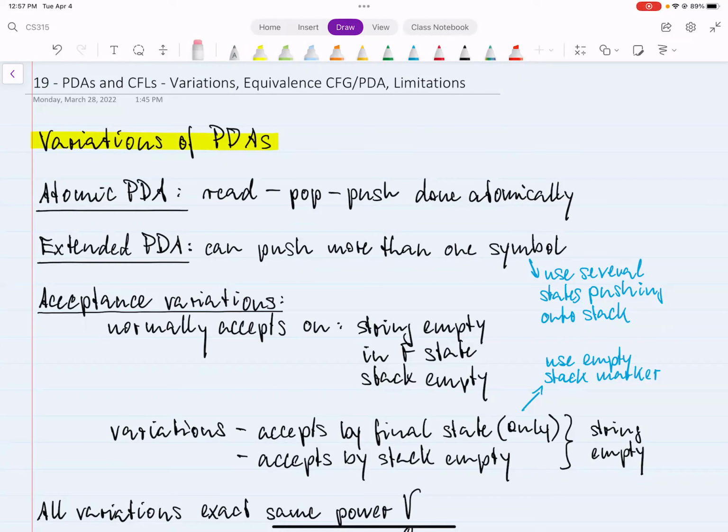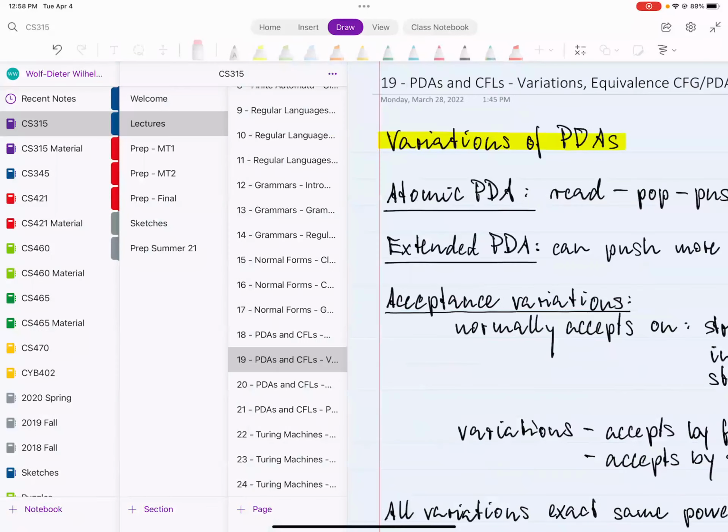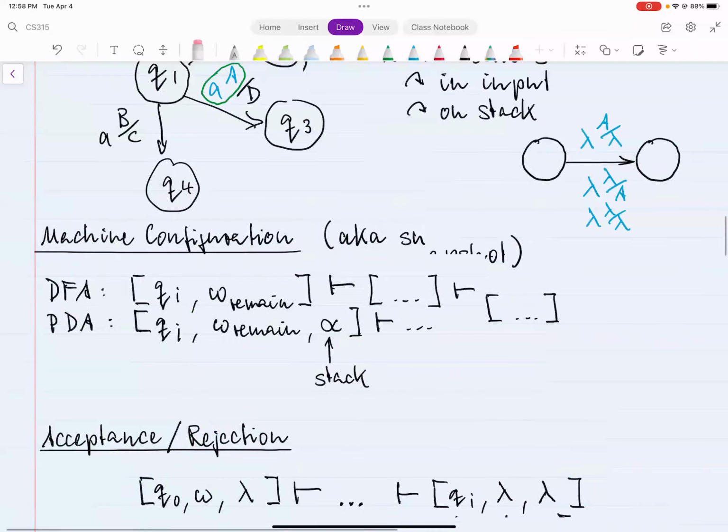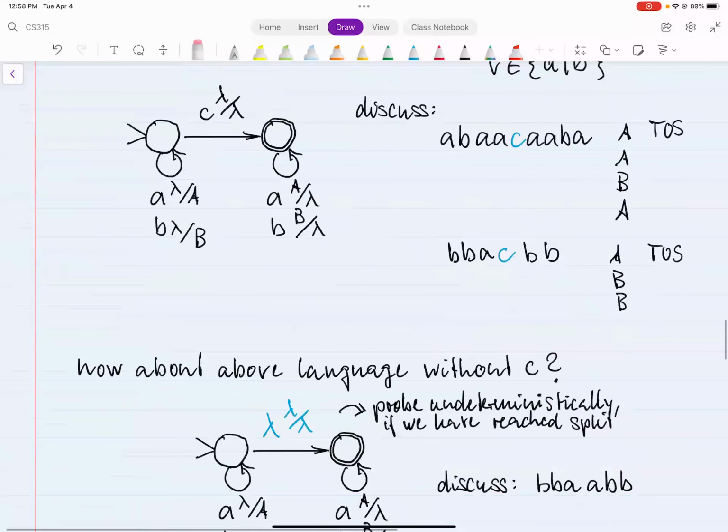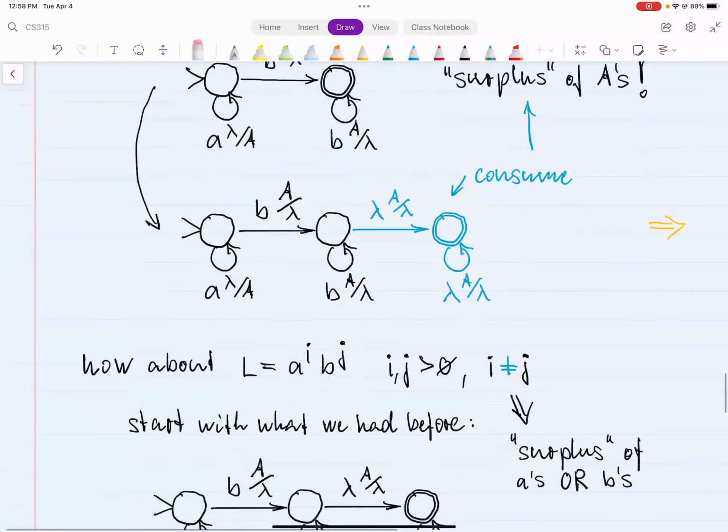So, all righty. What is of a little bit more interest is the extended PDA. Have we already used an extended PDA? What do you think? Who's for yes? Right. Very good. Yes, we have. We had some examples.